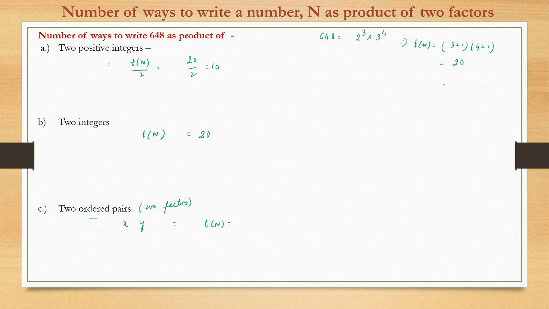So suppose if one of the factors is 2, the other would be 2 square into 3 to the power 4. So x can take a value of 2, y can take this value. Further, in another instance, x will take this value and y will take that value. So there will be two cases, hence 2 into 10. So this becomes tn, which is 20. Now in the same breath, if we were to add one more question, two ordered pairs of integers.